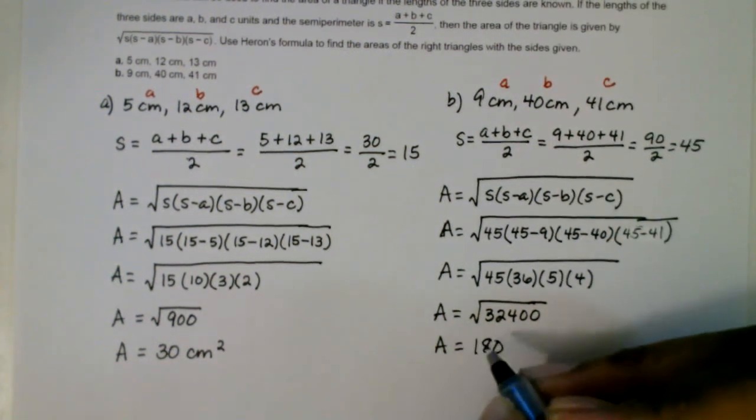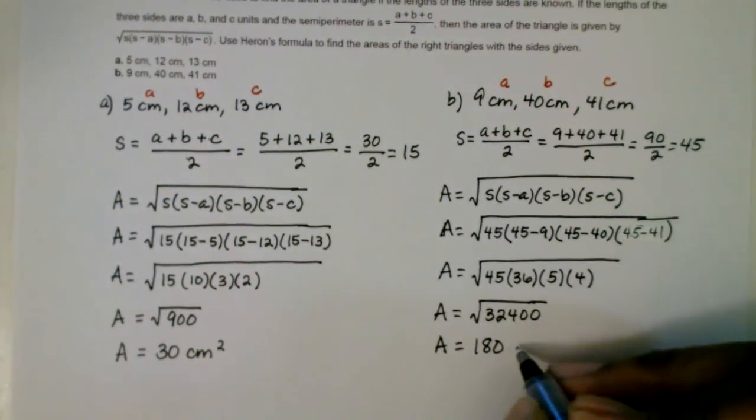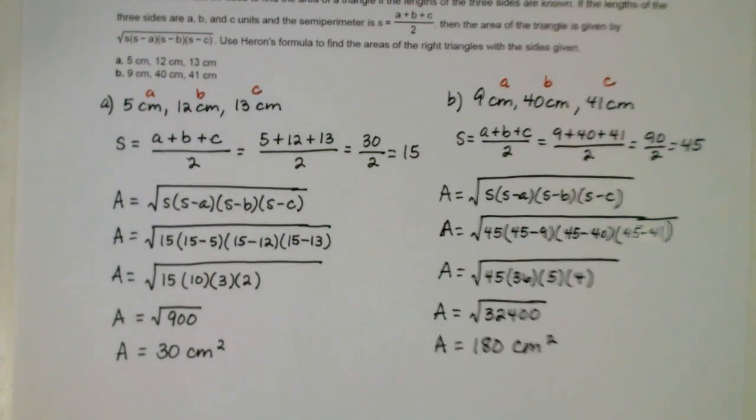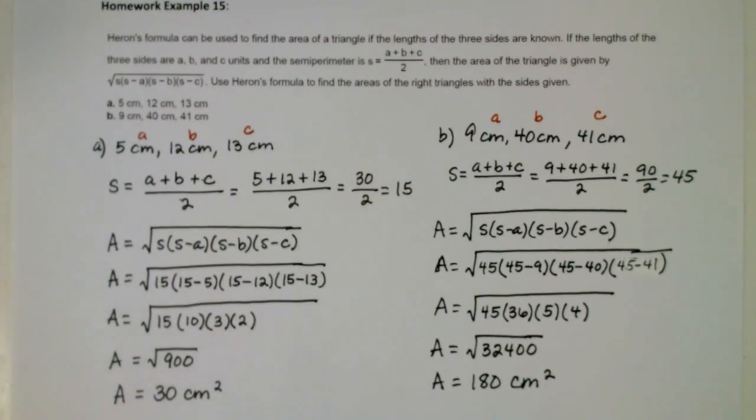So the area of that triangle with the lengths of 9 centimeters, 40 centimeters, and 41 centimeters will be 180, and this will be in square centimeters. Okay. All right, so that's how we apply Heron's formula to find the area of those right triangles in this case.